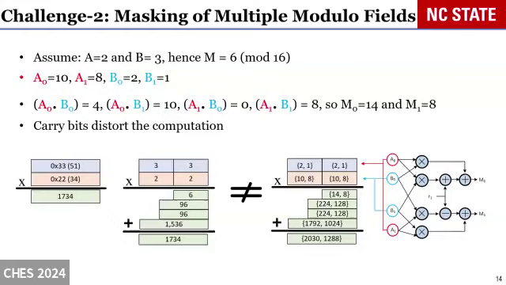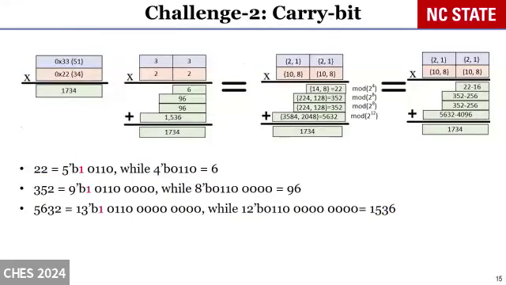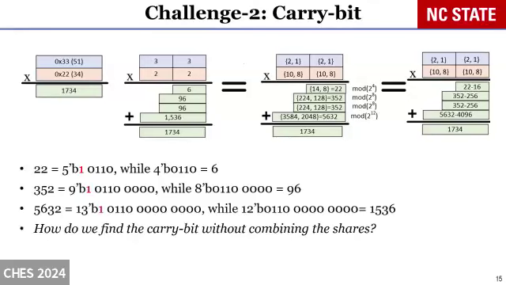So you have to figure out a way to detect those carry bit propagations in the partial product, and then be able to rectify this. What you need to do is look at both of the shares, right? You need to take both shares, figure out if there is a carry that's going to propagate, and then subtract that from the next partial product generation.